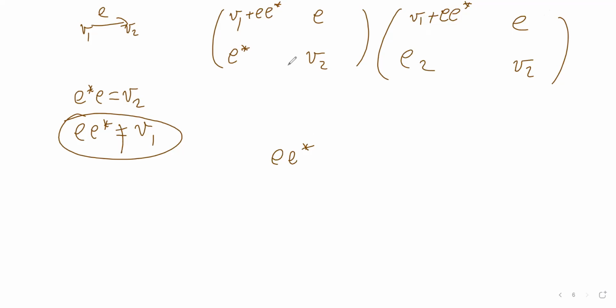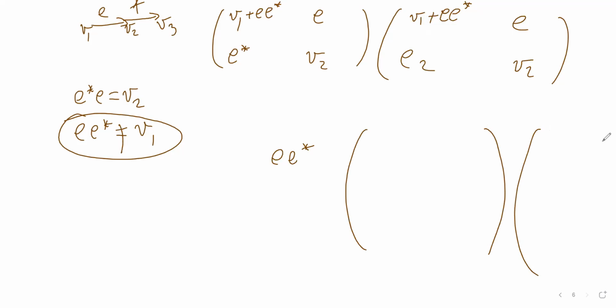But I guess if we go to a more complicated case, say imagine that we have a 3 by 3 matrix. Okay, and now I have also an F, and all I want is just, say, an example. I have, say, here 0 E 0, say 0 everywhere else. And here, say I have also 0 E star 0.